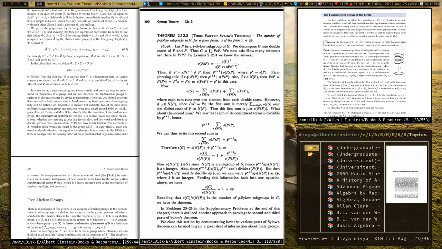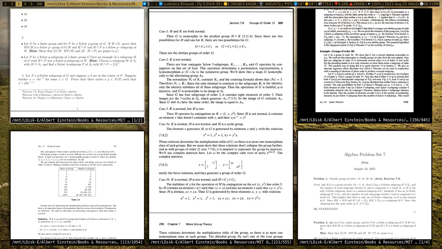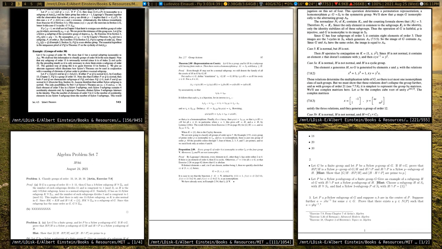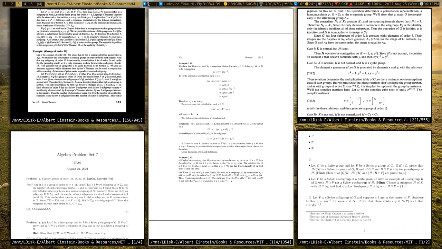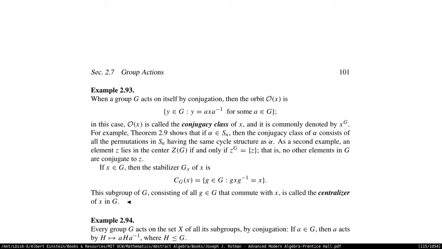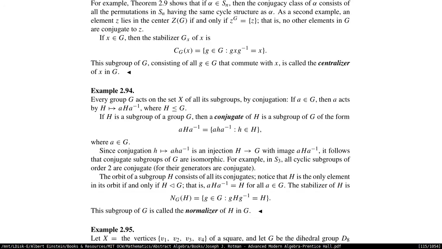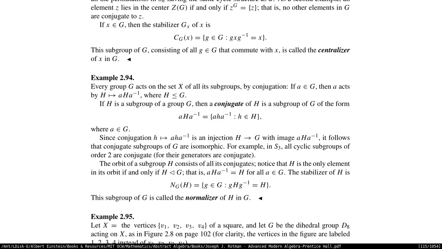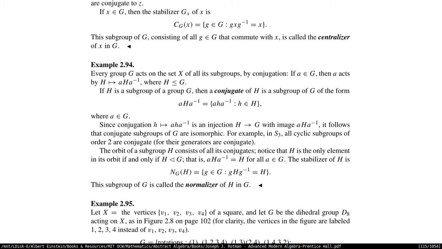Let's look at Rotman. He had the notation, I believe. Right here. So it's a subgroup of G, but it's a normal subgroup.